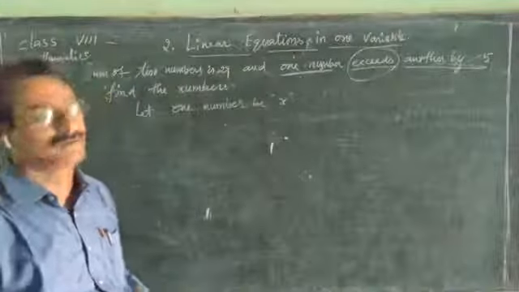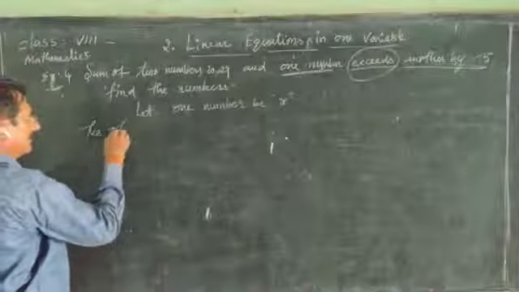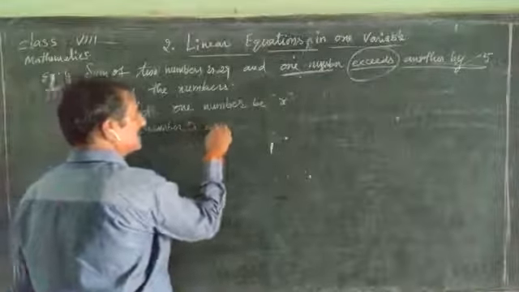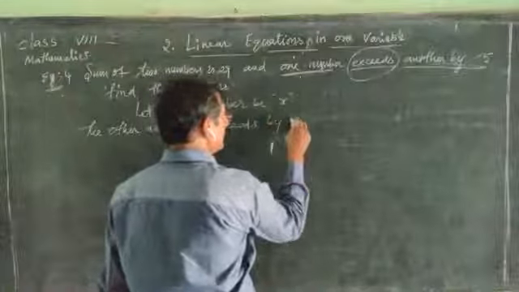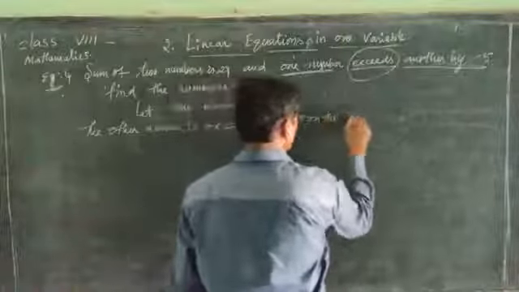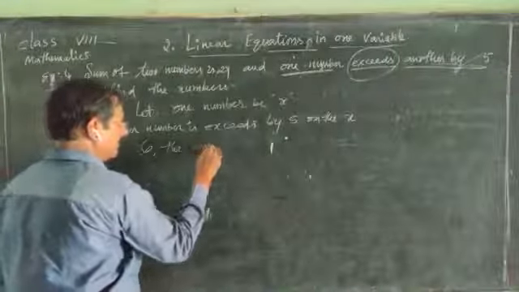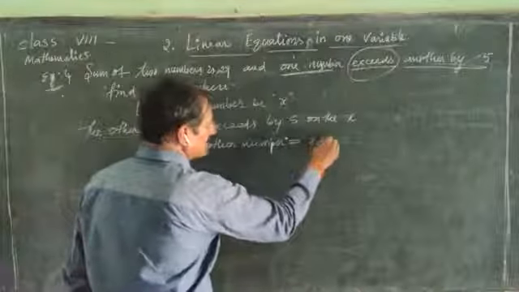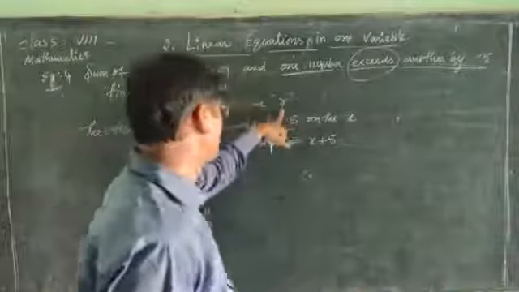So the other number is x plus 5. We take the one number to be x.